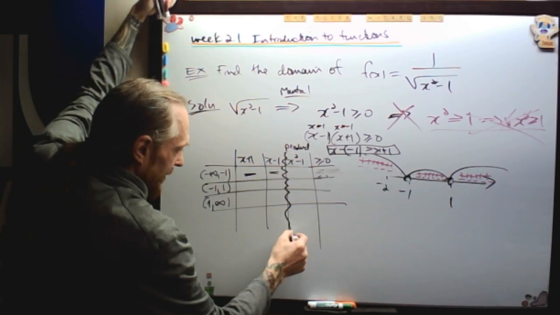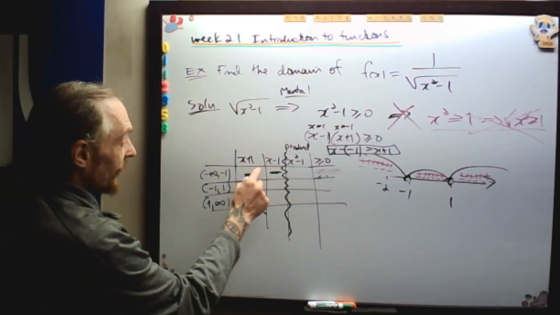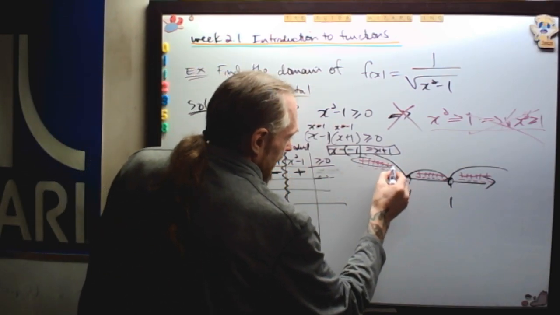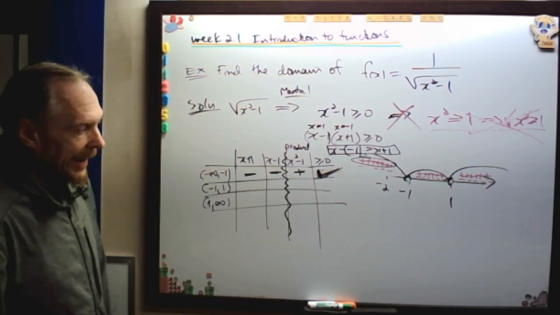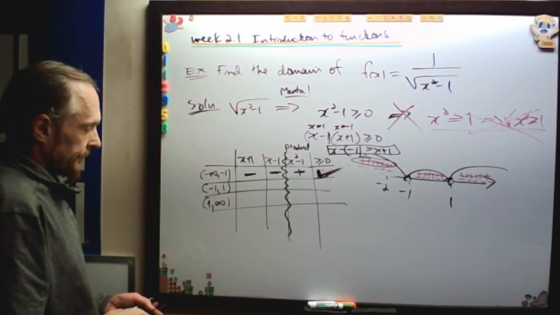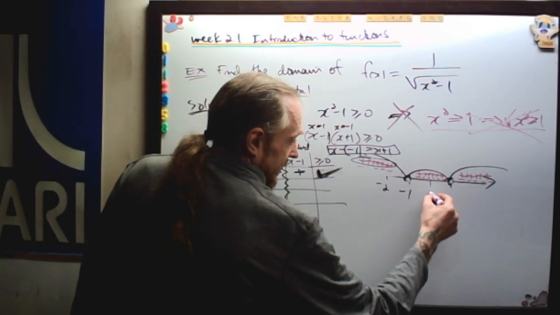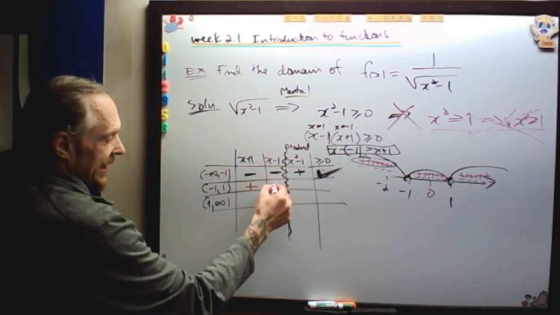Then we multiply them together. -1 times -1, or the negatives, gives me a positive. So we're positive in that interval, so yes, we're going to keep it in the domain. In the next interval, let's pick 0. 0 plus 1 is positive, but 0 minus 1 is negative.